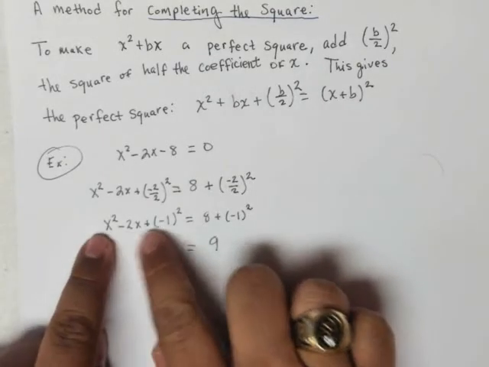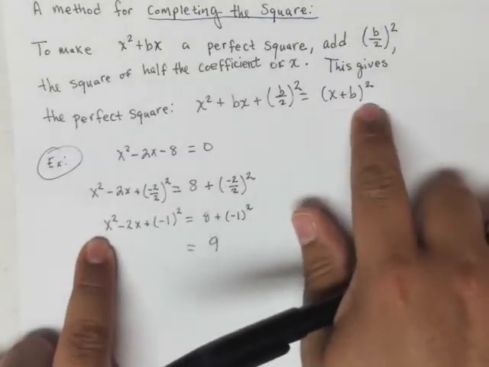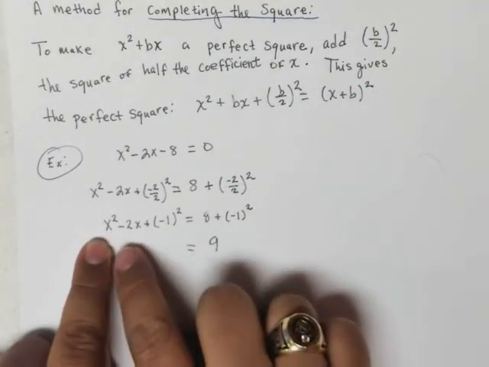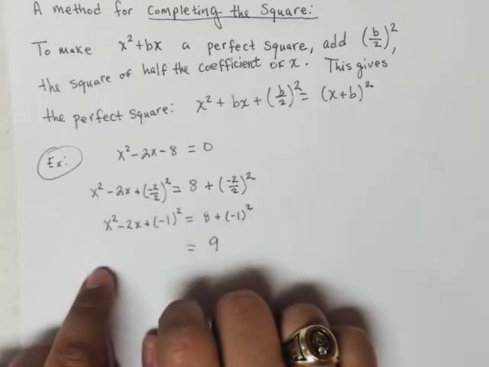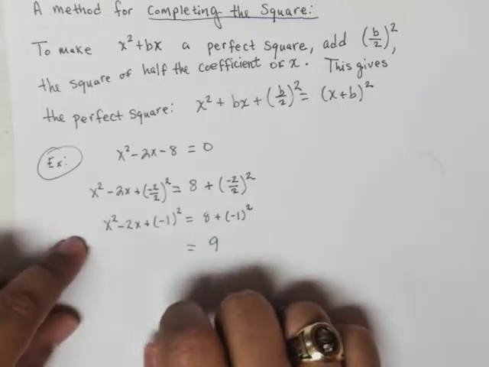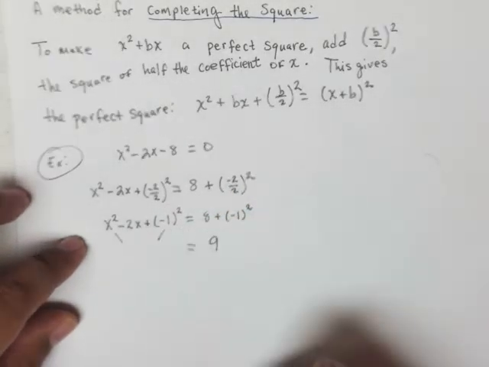Now, I'm going to use this concept and make this transformation, that is to write this as (x plus b over 2) squared. So let's write it like this.